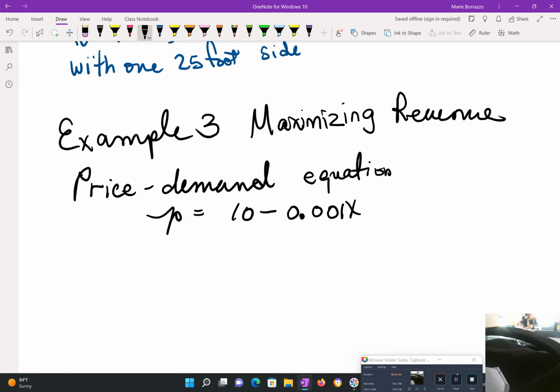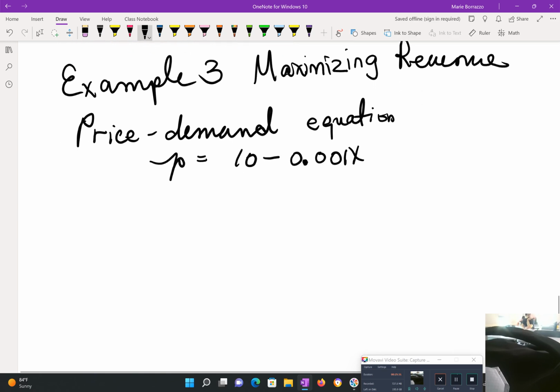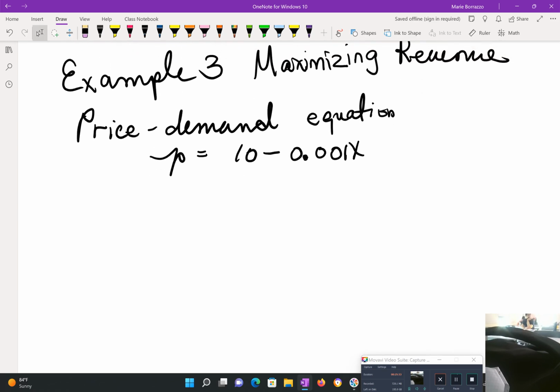So we're going to begin with some formulas that we did prior, hopefully to remind you as well. Revenue as a function is equal to the price times demand.